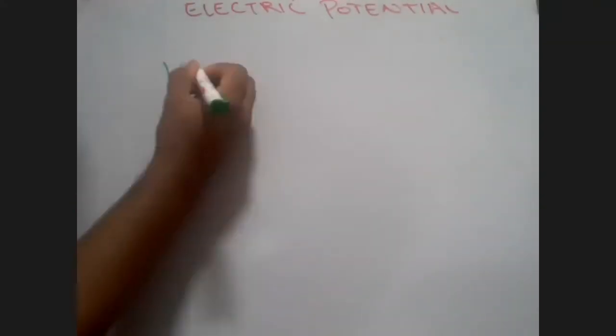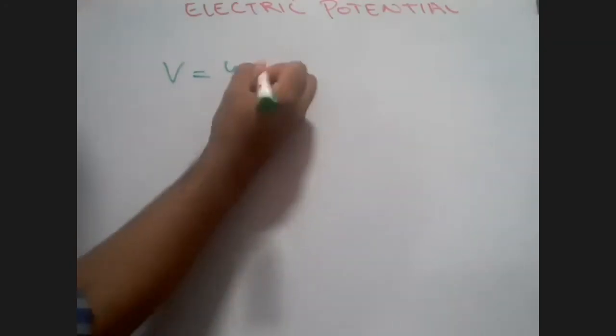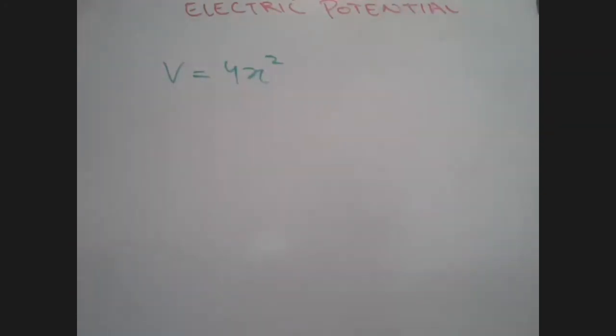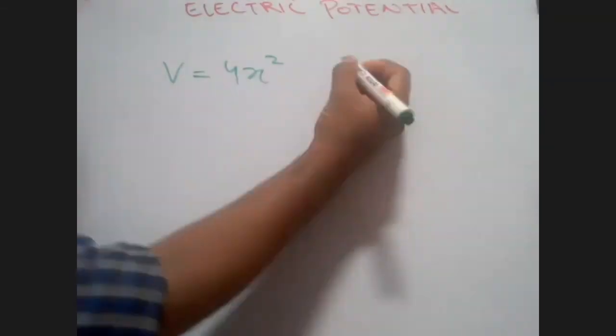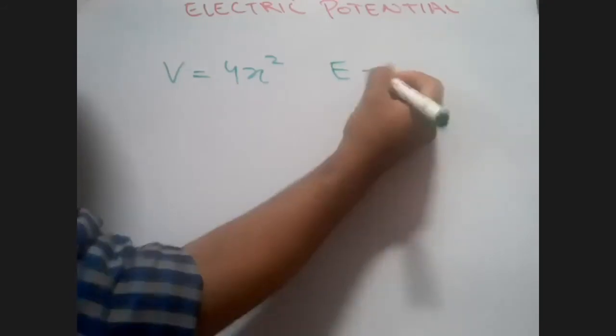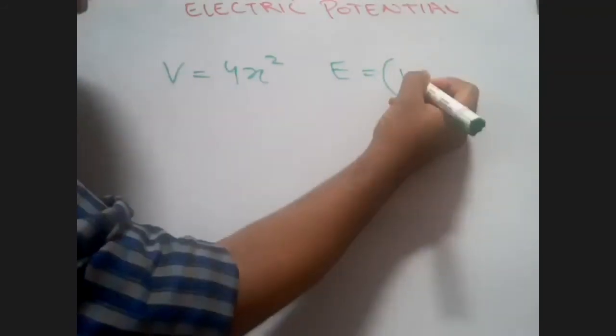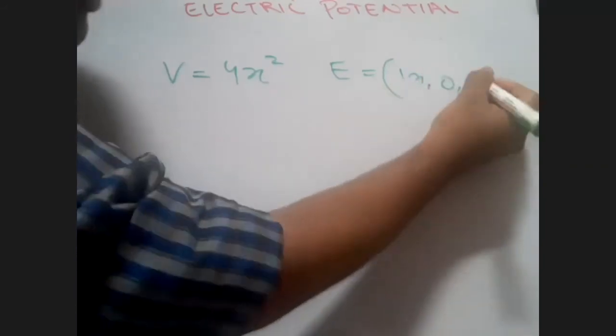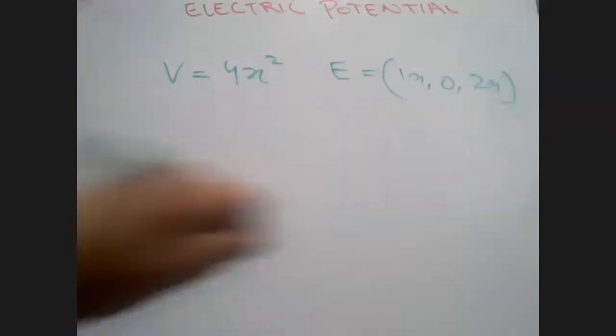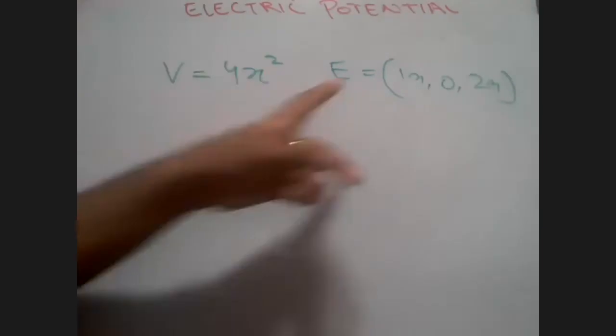Okay, the question says that there is a potential which is given by 4x square, and it can be at any point of the coordinate system, that is x, y, and z. What we have to do is just find out the electric field intensity E at certain coordinates, and those coordinates are 1 meter, 0 and 2 meters. Just find out.